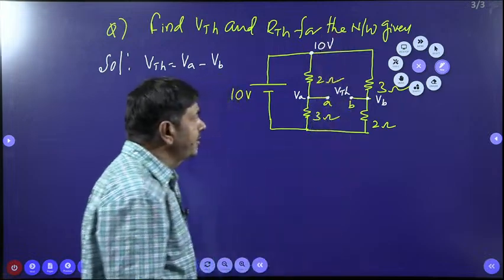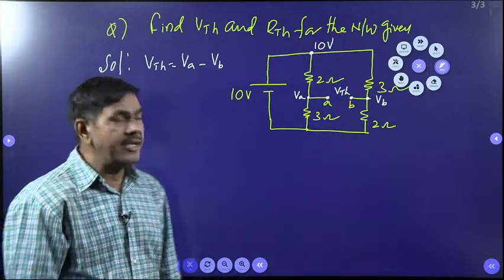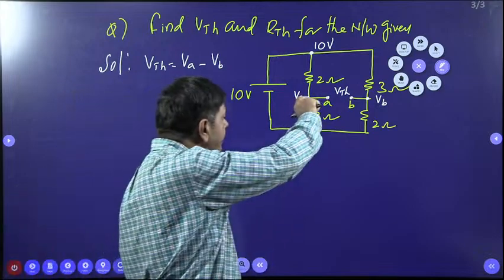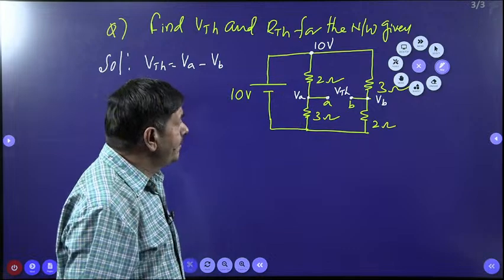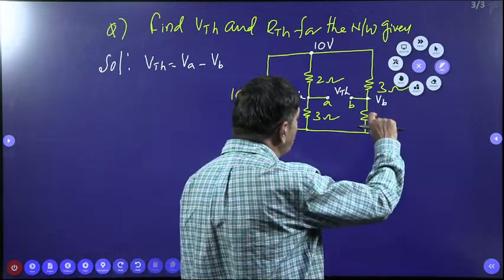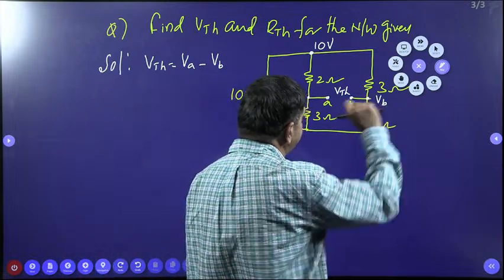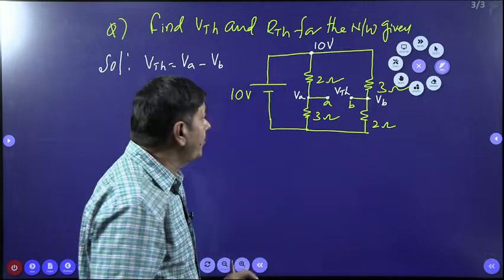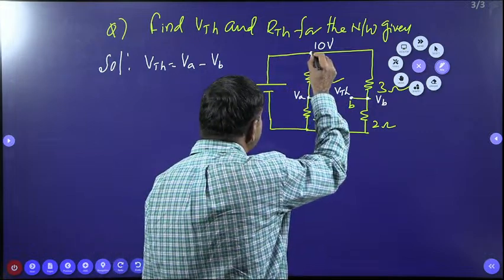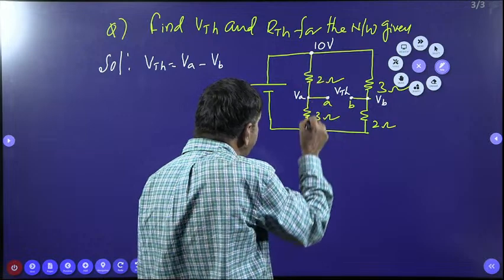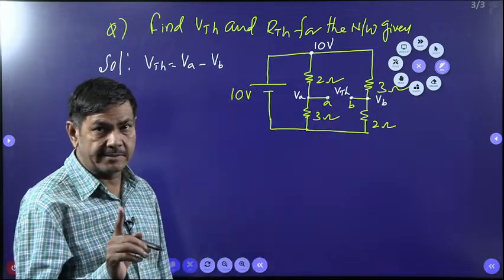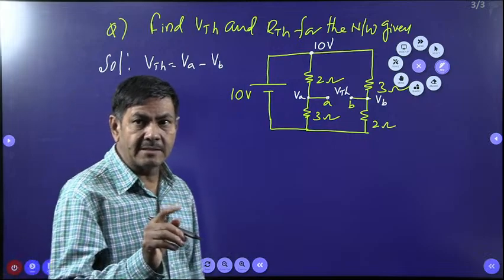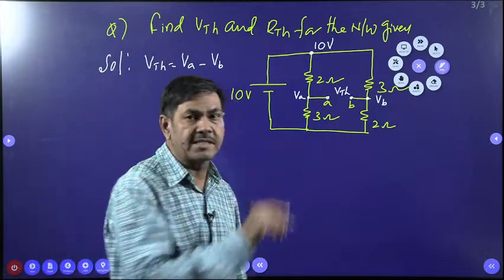At this node only, VA is nothing but the voltage across these 3 ohms. But here the voltage across 2 ohms is nothing but the VB value. You catch my point. Whenever this voltage is given, the same current is going to flow across 2 ohms and 3 ohms. Current is the same, it is not different. Sir, why are you putting the stress on that point, sir?